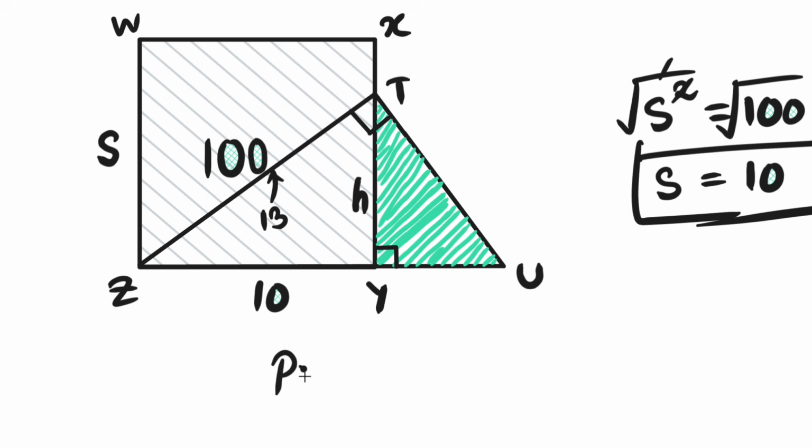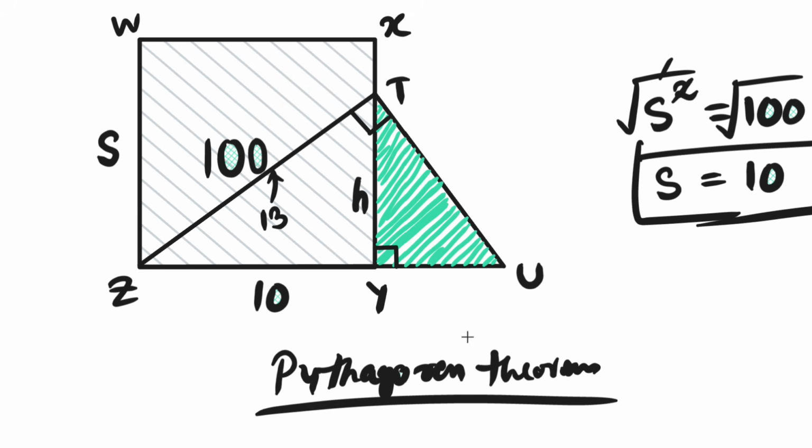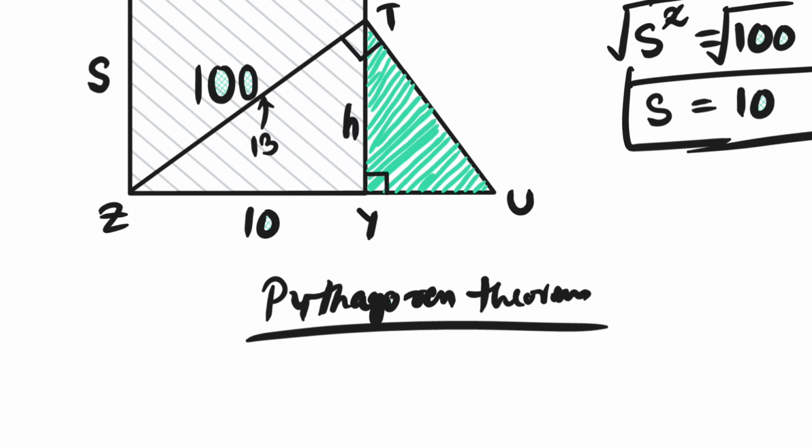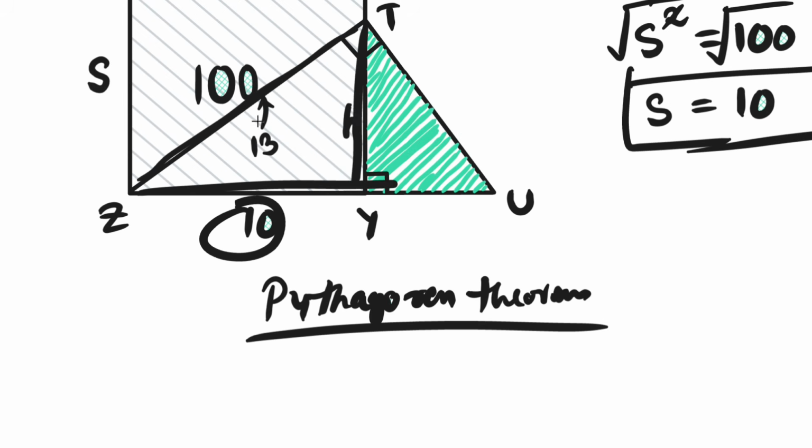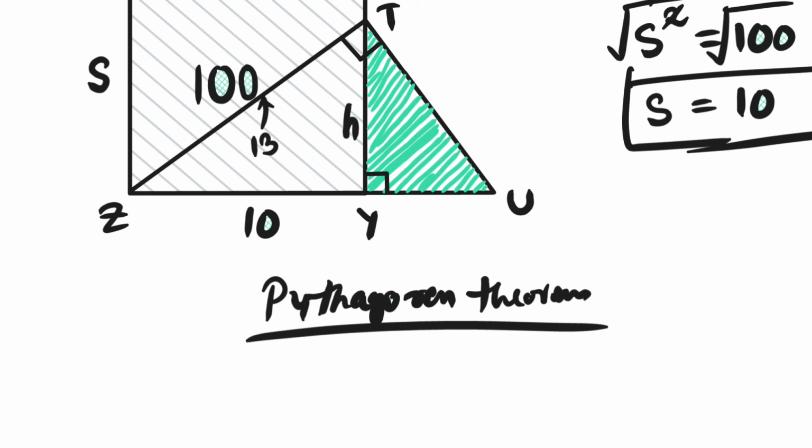Now we can use the Pythagorean theorem. Remember, the Pythagorean theorem tells us that in a right triangle, the square of one leg plus the square of the other leg equals the square of the hypotenuse. So here, the two legs are h and 10, while the hypotenuse is 13.